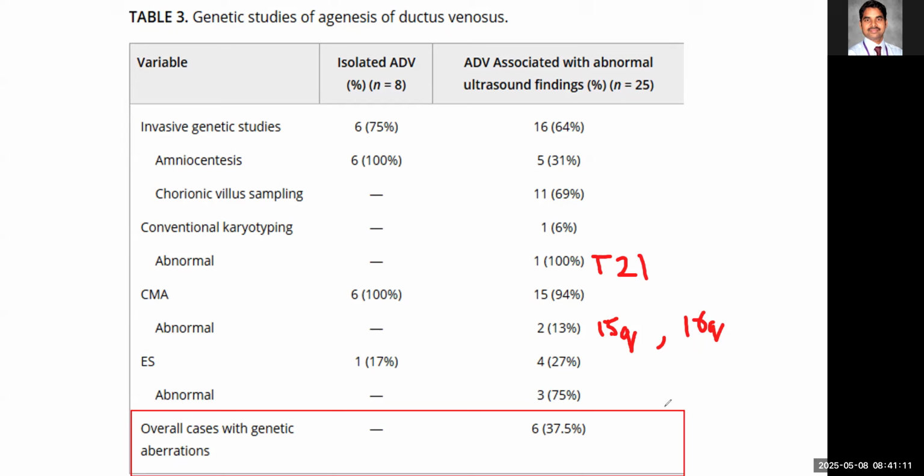Of the 13 fetuses with associated ADV under normal CMA, 4 underwent exome sequencing, in which 3 were diagnosed with genetic aberration. What came up? Sir, 2 known syndromes. It wouldn't be a chromosomal aberration; it would be point mutations, SNVs, not CNVs. Yes, sir. Sorry, sir.